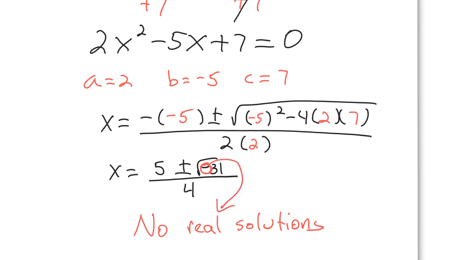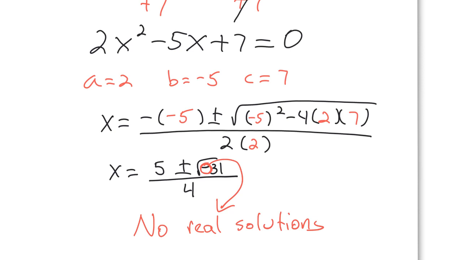Now, what it means, the parabola is not going to cross the x-axis. It's not going to touch the x-axis. It's going to be on top of the x-axis going up, or it's going to be on the bottom of the x-axis going down. So it's never going to touch that x-axis. But that's why we need imaginary numbers, because in a number system, we have real numbers and imaginary numbers.